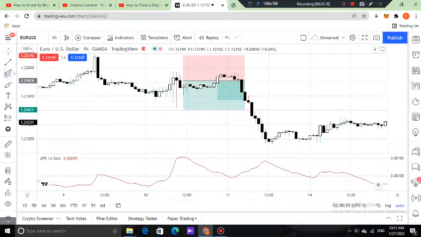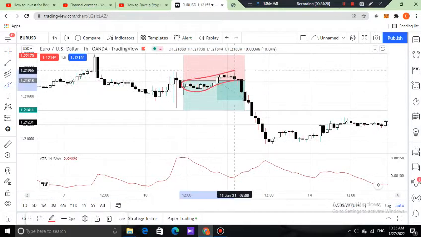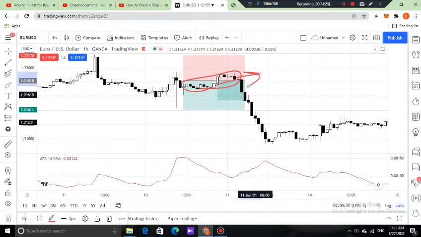But look at this amount of time. Is it worth it? As a scalper, if you ask a scalper, he would tell you that okay, time is money and I don't want to waste this much time.